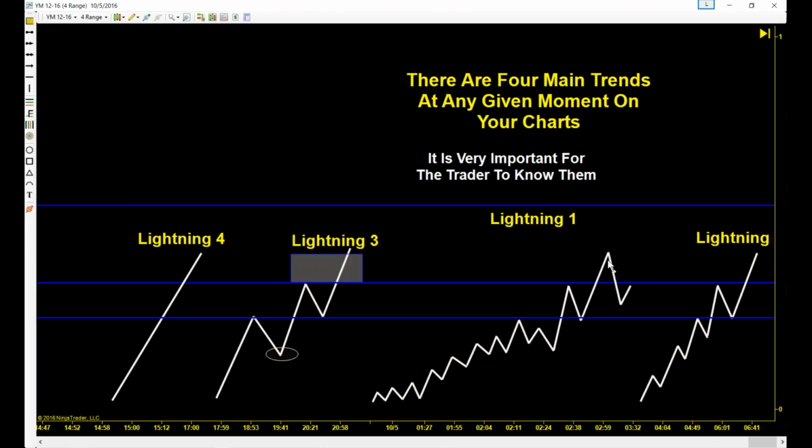So in other words, when we see a trade like this, and this is probably coming down into a predictor or something, we're going to go into that in just a little bit. But if this was to do this, of course, obviously that's a higher low again, right? And that's important to look for because this is a very well defined lightning one uptrend.